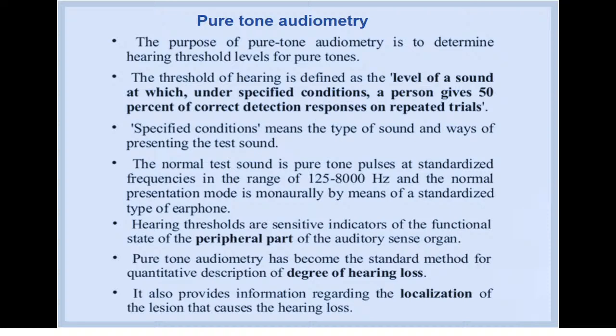And finally, several words about a diagnostic procedure, pure tone audiometry, to recognize the dependence of the threshold of hearing of persons to draw a conclusion about the hearing condition, about the ear functional state.